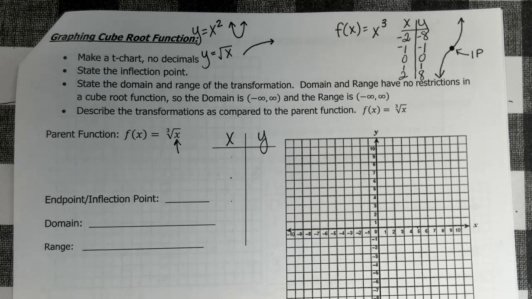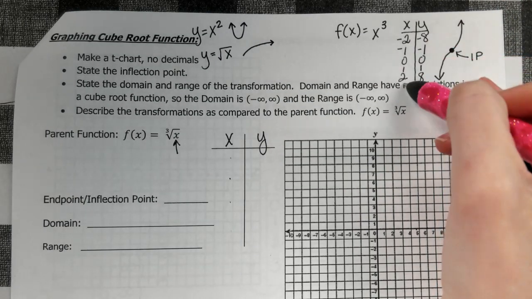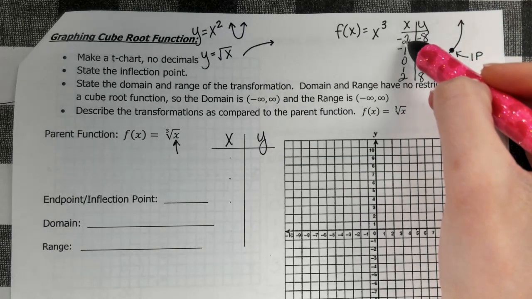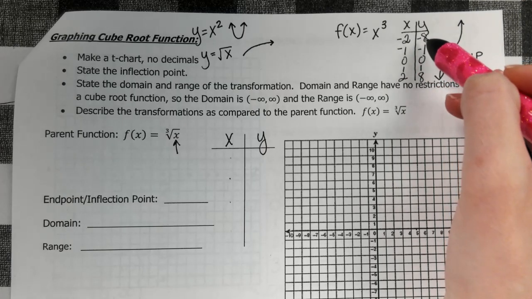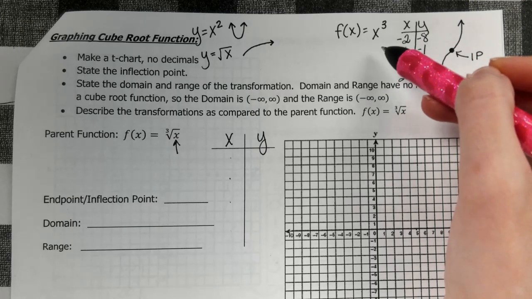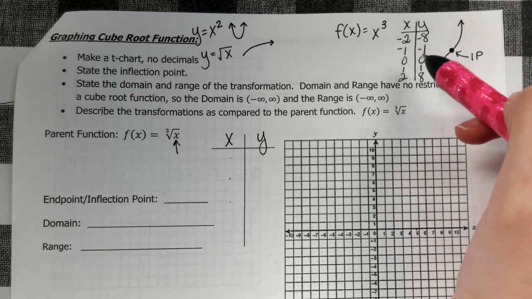In your calculator, do the cube root of -1. It says -1. Because when you cube something, look at your graph. Look at your table for x cubed. You're taking -2 and multiplying it by itself 3 times to get that -8. So how do I undo x cubed? I cube root it. Okay?